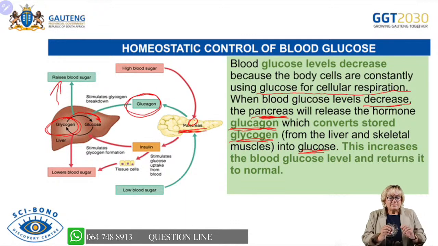This is how your blood sugar is controlled in your body. Remember we said, what is homeostasis? It's the process to keep the internal environment of the body and the cells constant, no matter what happens inside or outside the body.